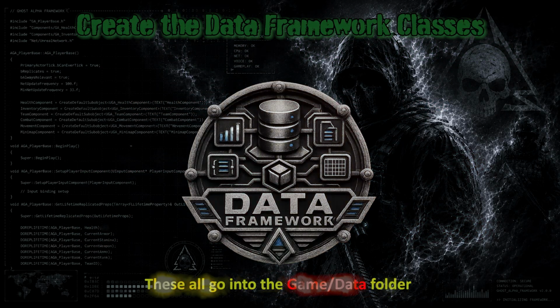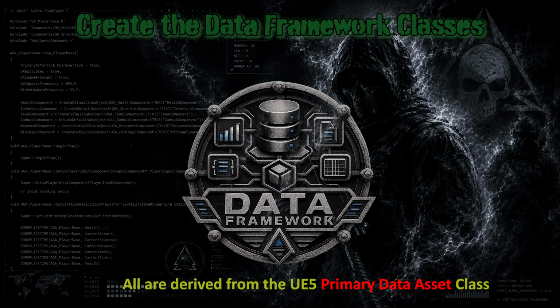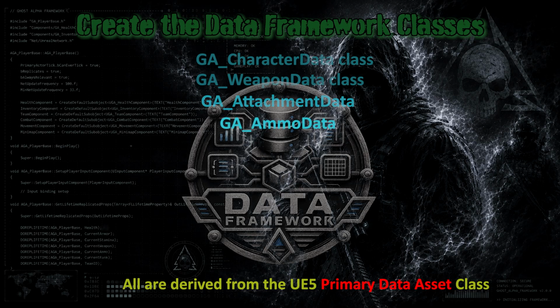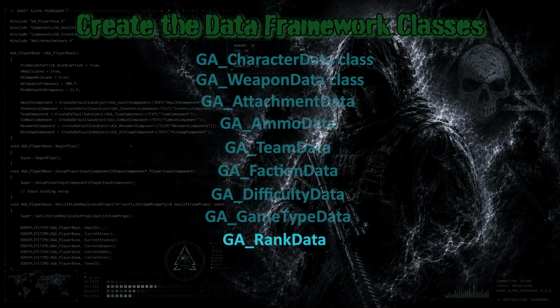We will now create the data profile framework. All these classes are derived from the Unreal Engine class primary data asset. Character data class, weapon data class, attachment data class, ammo data class, team data class, faction data class, difficulty data class, game type data class, rank data class, and reticle data class.